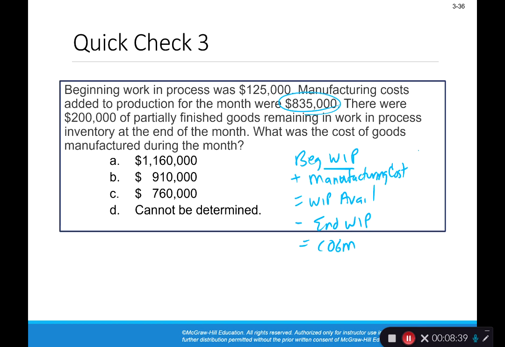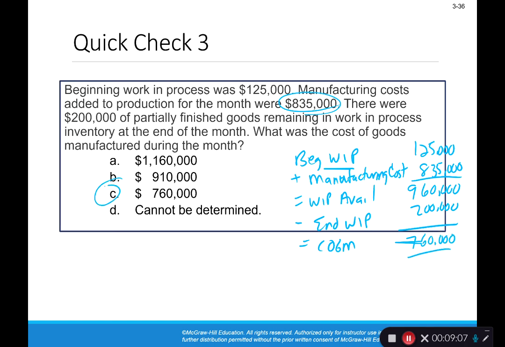So our beginning WIP is 125,000. Our manufacturing cost is 835. Do a little math action. You get yourself some WIP available. 125 plus 835 is 960. Ending WIP is 200. So our cost of goods manufactured is the difference, which is 760,000.